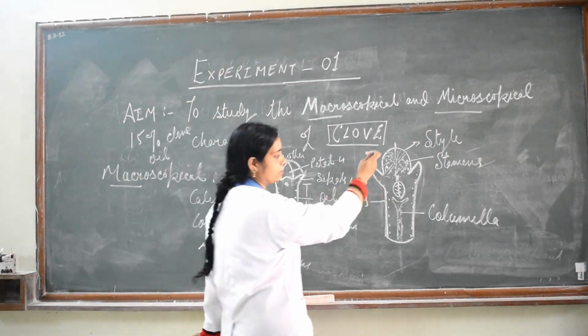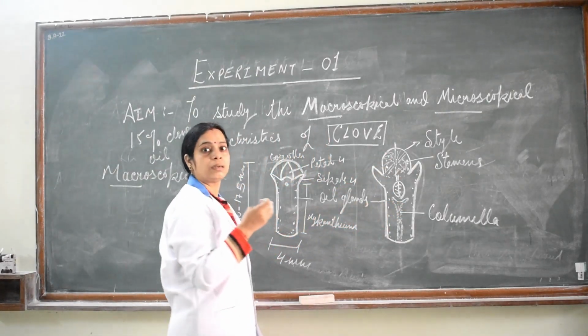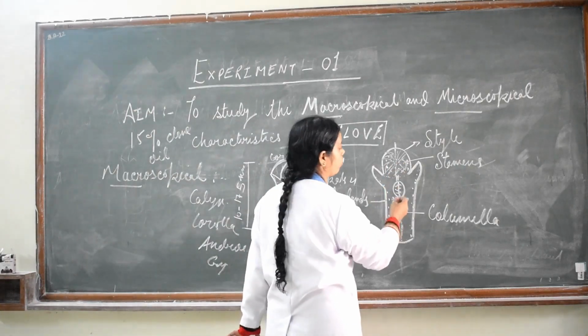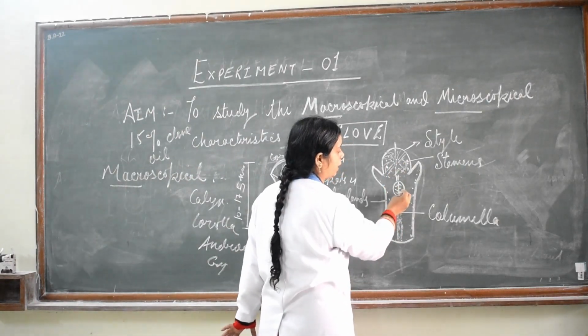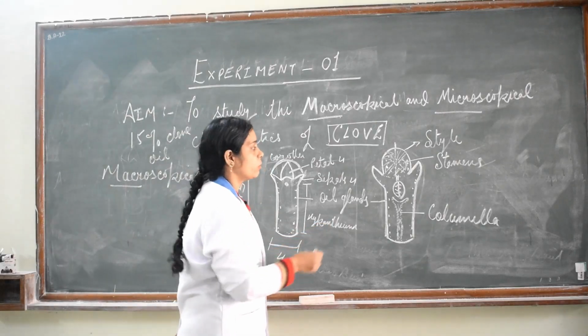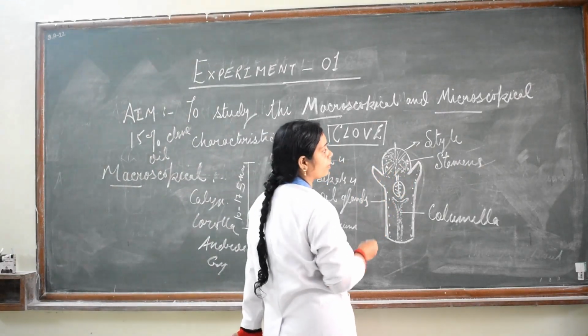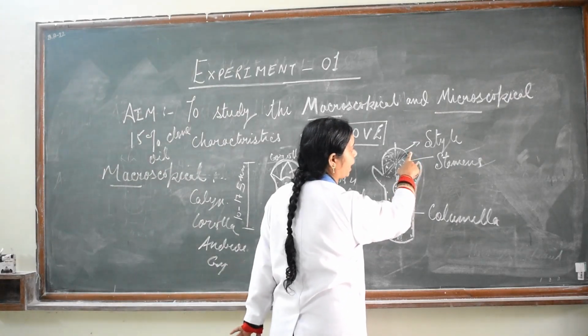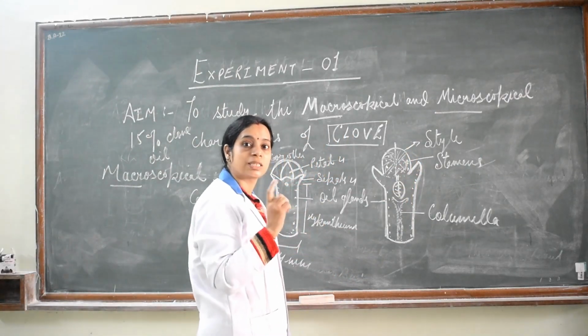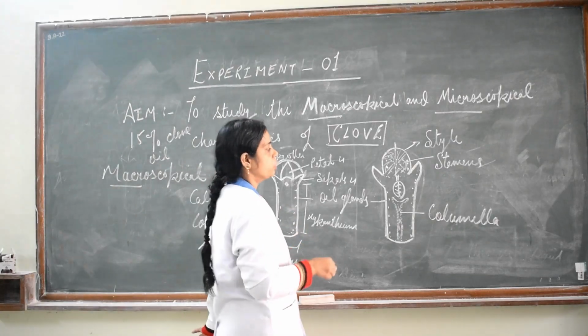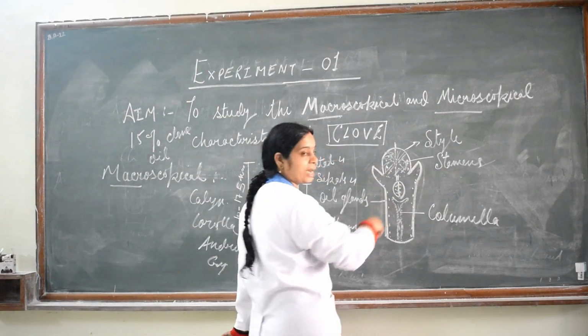Whereas this is the LS, the longitudinal section of the clove. So the ovary is present here, and in the ovary ovules are present. When we observe the LS of the clove, what will we see? We will observe the style. What is the style? The style is a portion of the gynoecium. So the gynoecium contains ovary, style and stigma.